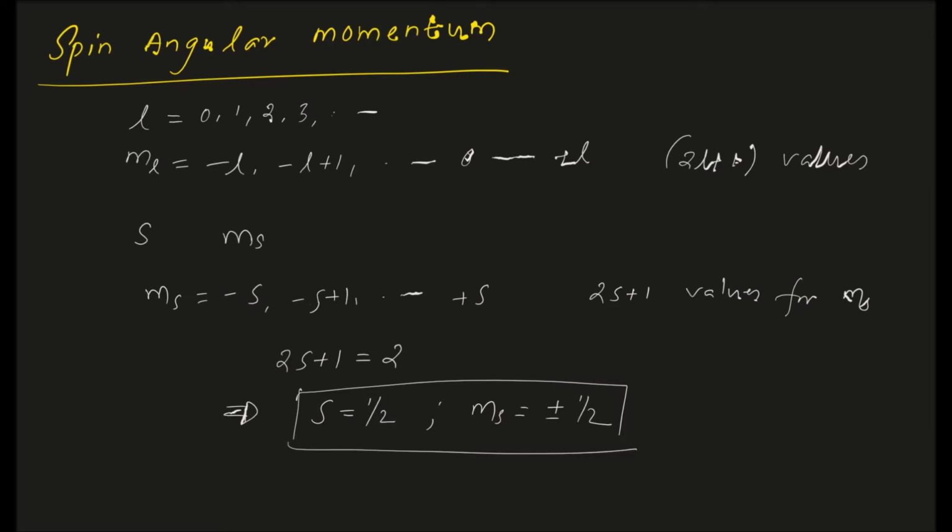Now we are trying to develop a general theory for the spin in analogy with the general theory of angular momentum that we have derived in the beginning of this module.